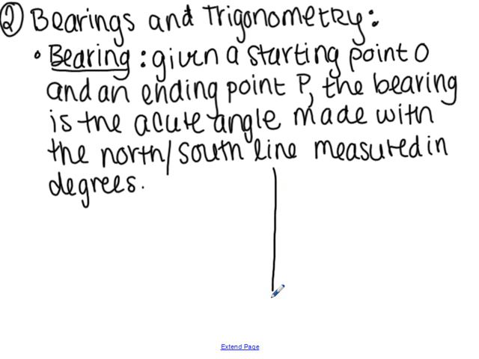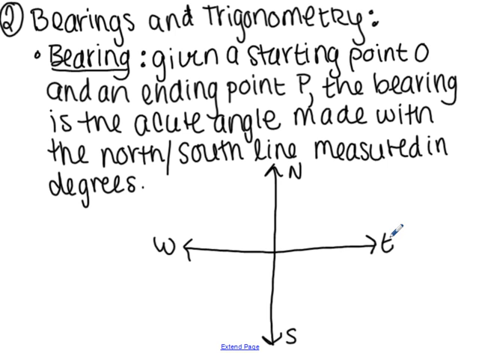So we can imagine the north-south line as well as our east and west line. This center point is our O, which is the starting point, and let's say this is my point P. We would calculate this angle here if it's not given to us.